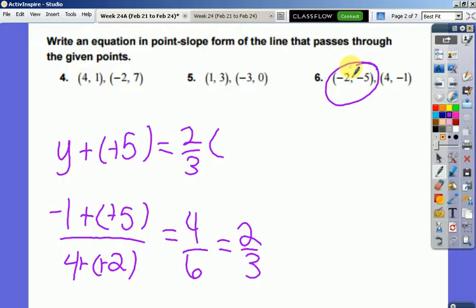So x minus x1. What's x1? Negative 2. So why did you tell me something other than negative 2? Does that make sense to you now?